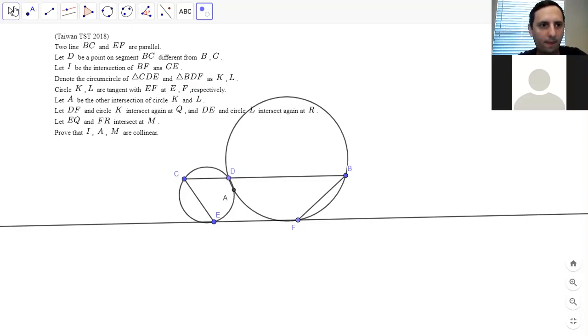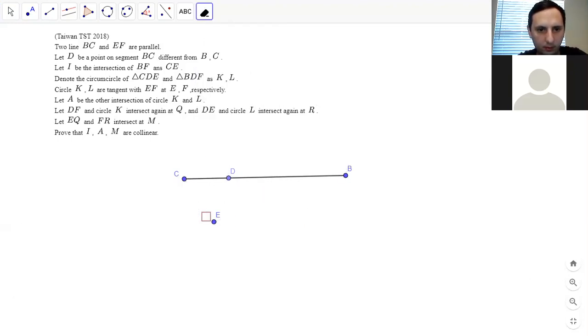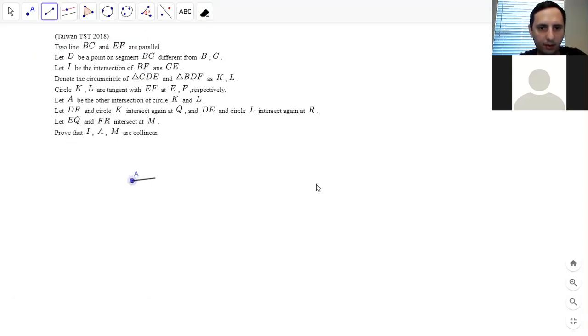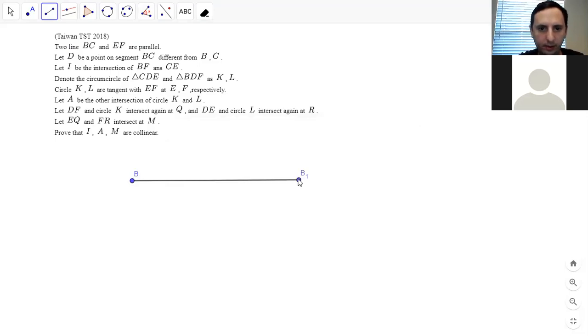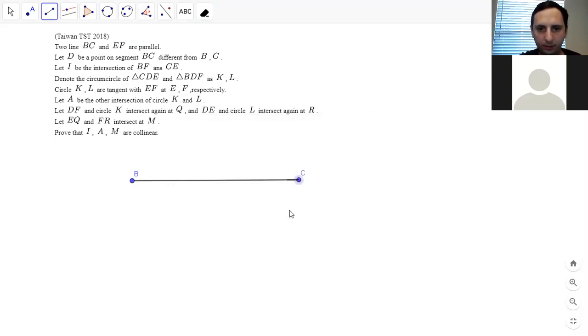Let me erase everything. Okay, so it's not as tricky as we thought. So we have BC, and then I'll just put a point D on it. And then I'll draw the two perpendicular bisectors.